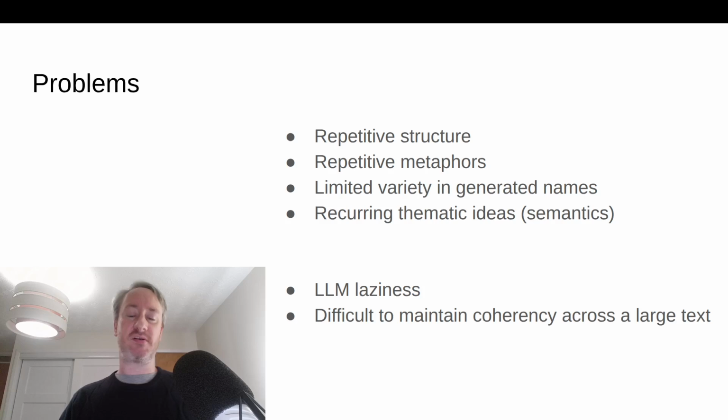LLM laziness is basically the LLM doesn't always follow your prompt. It doesn't always want to. It'll pick certain parts of your prompt that it focuses on and then ignore other parts altogether. Choosing a better model, a smarter model, helps.